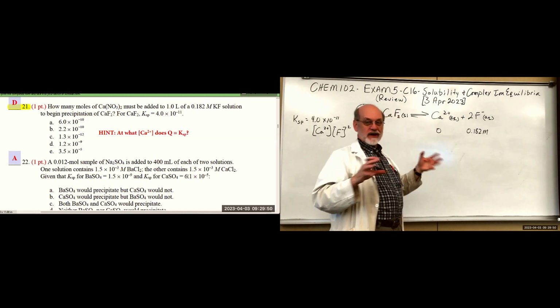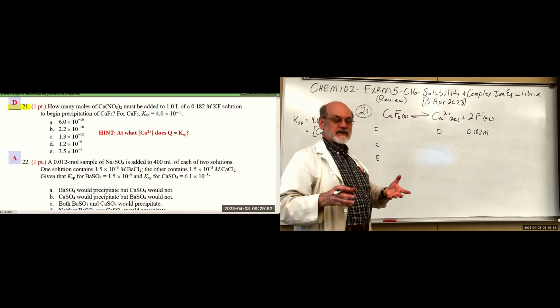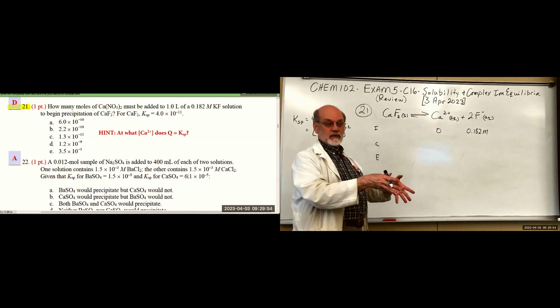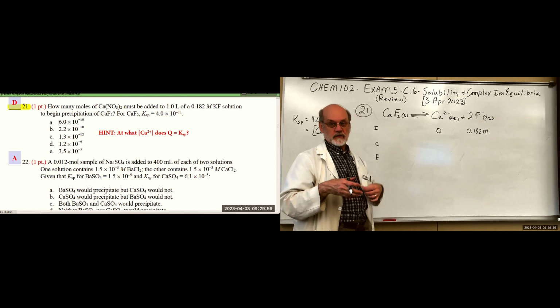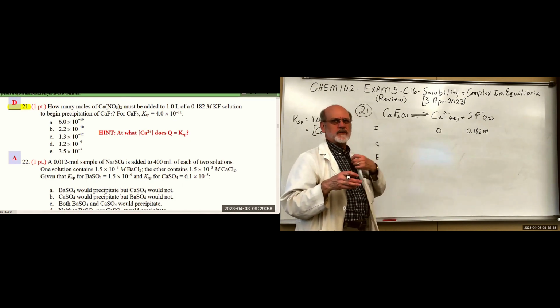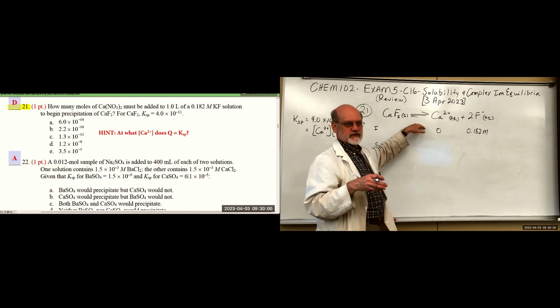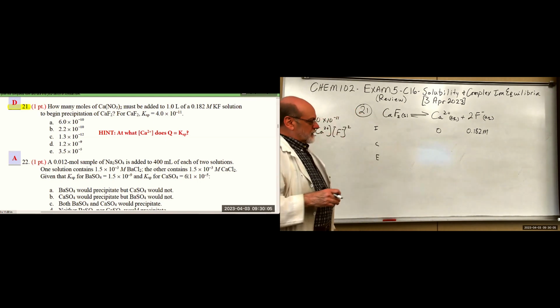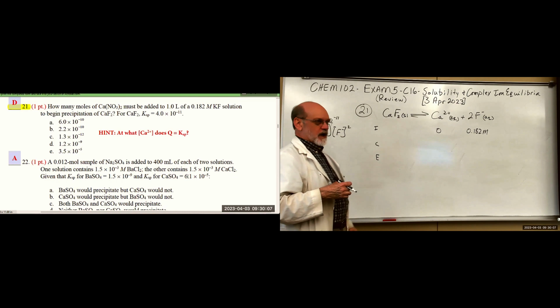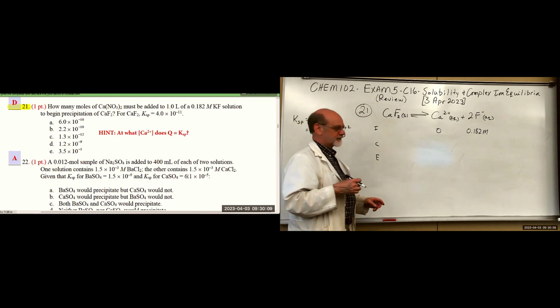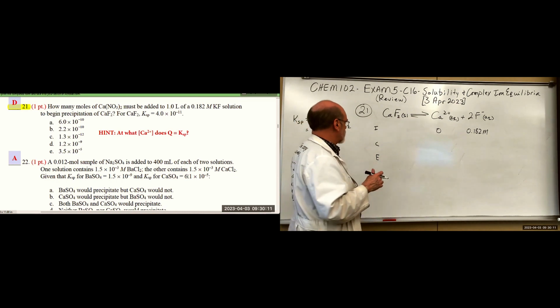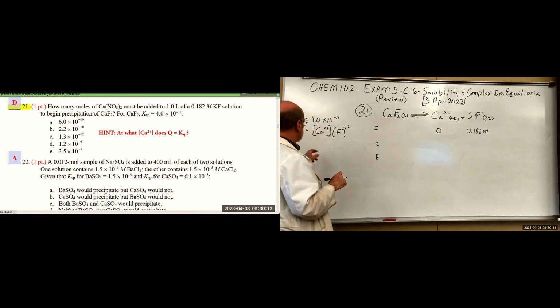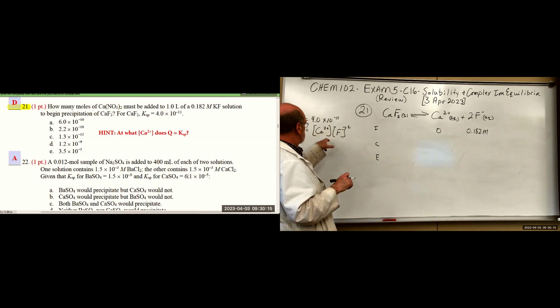So we can keep it molarity. And once we find the molarity answer, that is equal to the moles because we've only got 1 liter. And we have to assume that we're not adding a whole lot of this to change the volume. If we have to take that into account, then it will complicate the problem even further. Okay, so what would be the Q for this one?